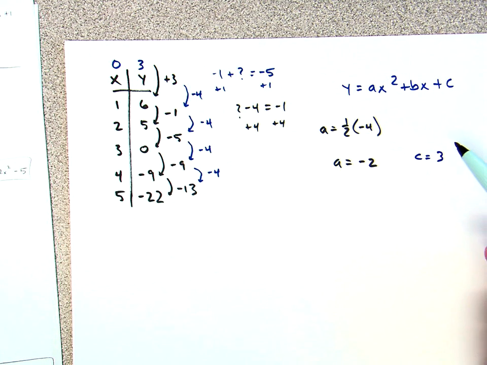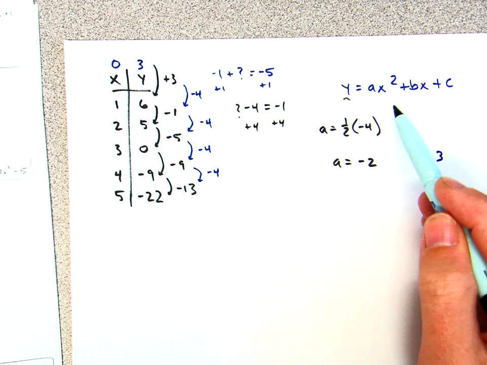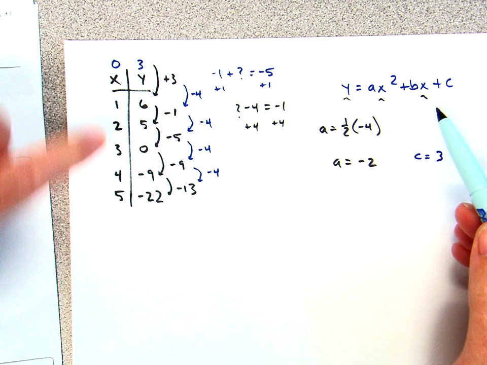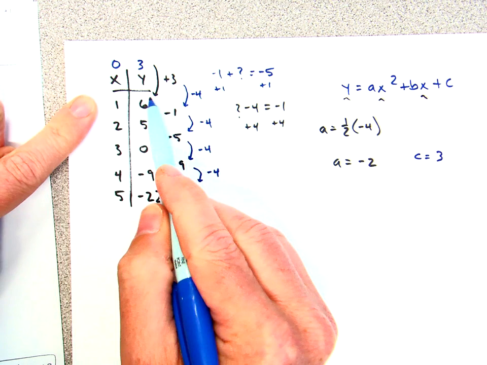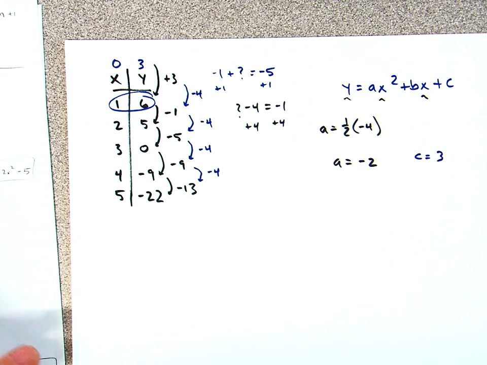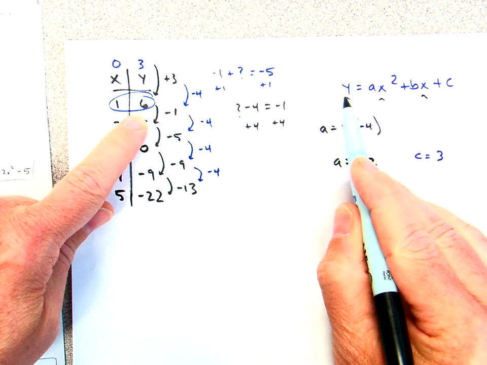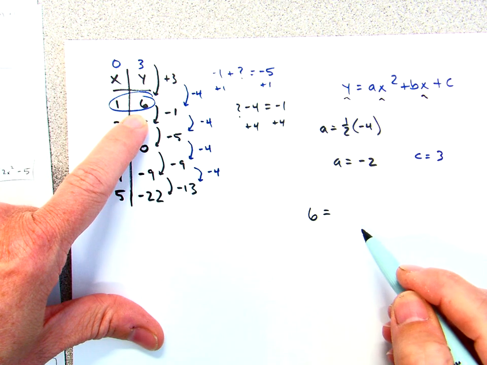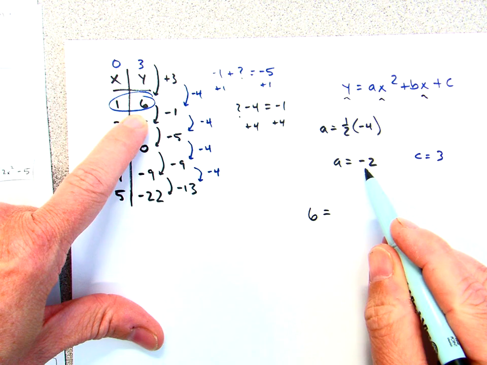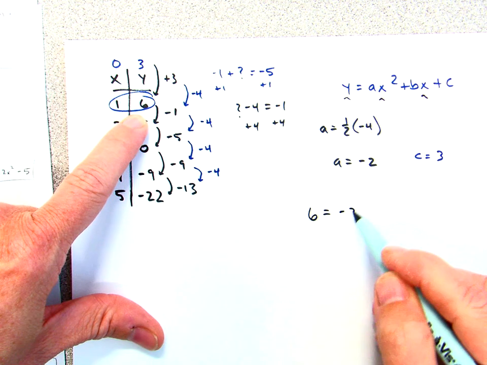All right. So now we're going to try to find the y and the x values. Again, I'm going to select the x value being 1. It's going to make my life easy. So I'm going to plug in 6 for my y. We already know that a is negative 2, so I'm going to plug that in.